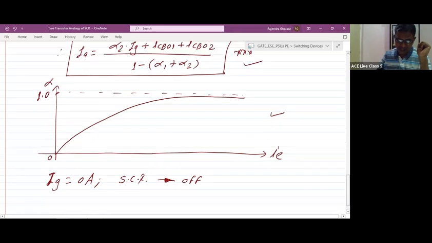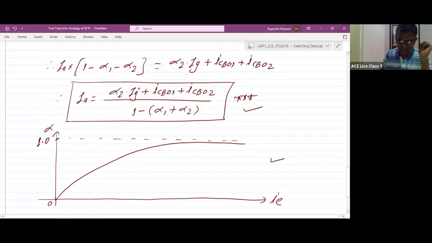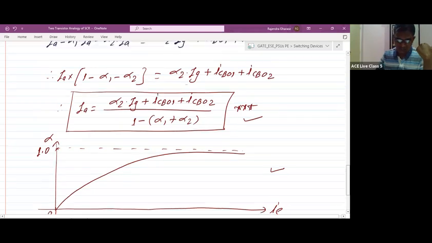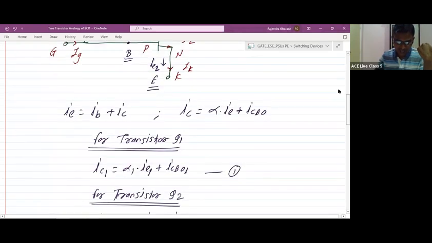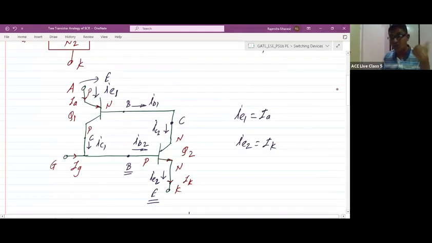Now you can check here. If gate current is 0, then this alpha 2 into IG term will become 0. And if SCR is in an off state, what about IE1 and IE2? Definitely IE1, IE2 will be 0, or nearly very small.